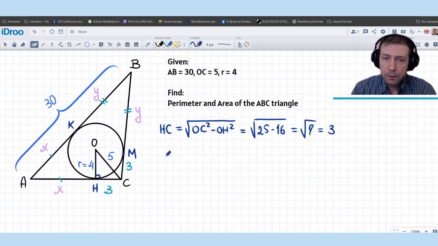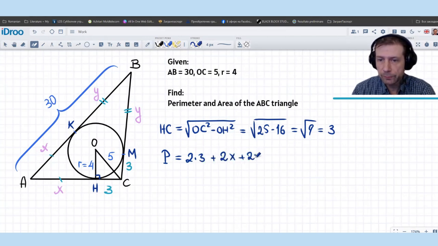Okay, so the perimeter of this triangle is twice 3, twice Y, and twice X added to one another, right? Yeah. So 2 times 3 plus 2x plus 2y, which is 6 plus 2 times x plus y.